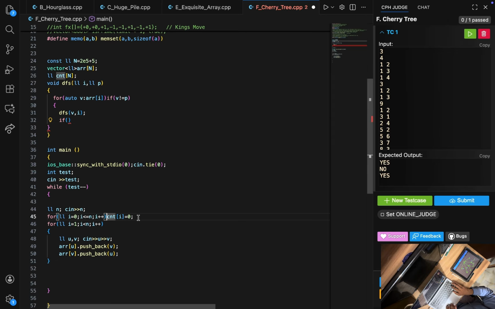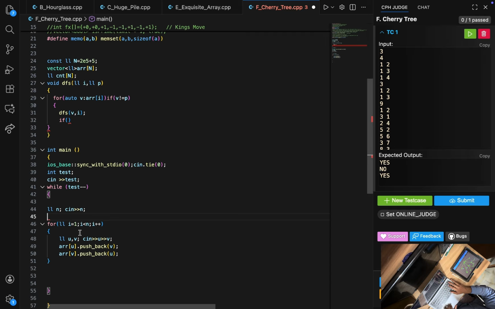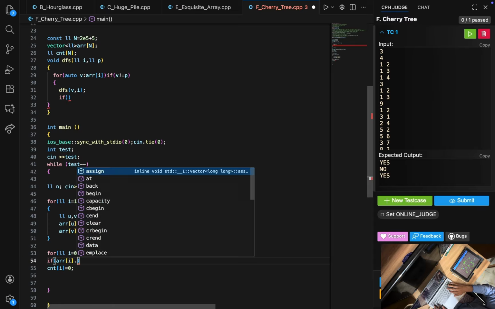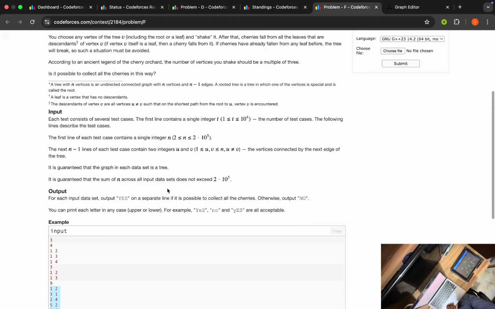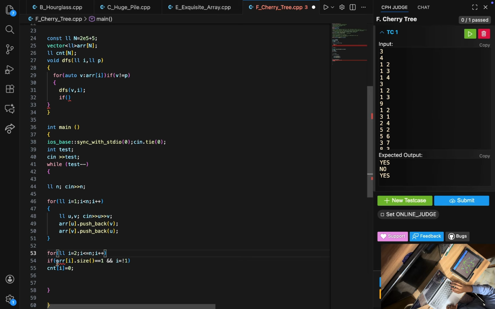Let's do something like: if adjacency size of i equals 1 and i is not 1. Let's start from 2. Also, i can be a leaf node. N is at least 2. Yeah, 1 cannot be a leaf node.